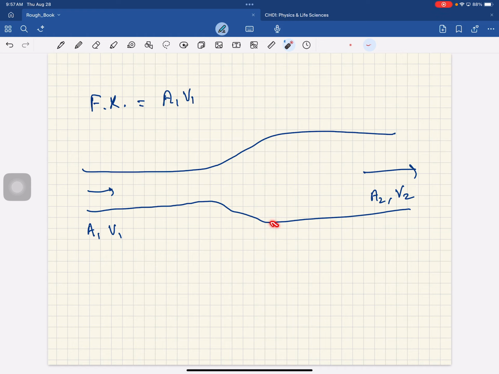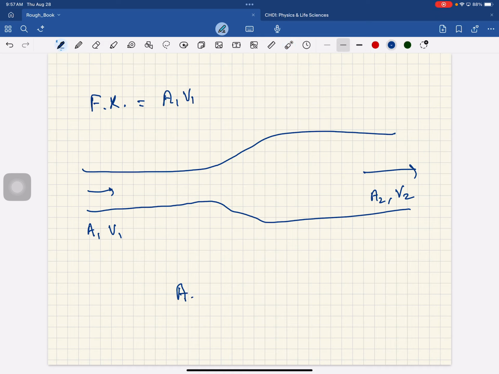So here's this pipe. This pipe has no leaks. 5 gallons a minute are flowing in. How many gallons a minute are flowing out? 5 gallons a minute. Again, there's no leaks. So let's write this formula down.